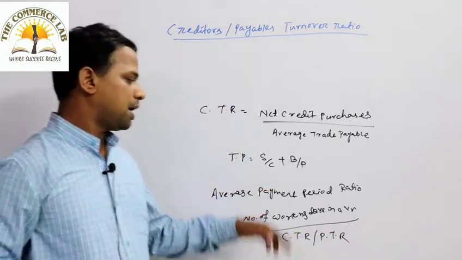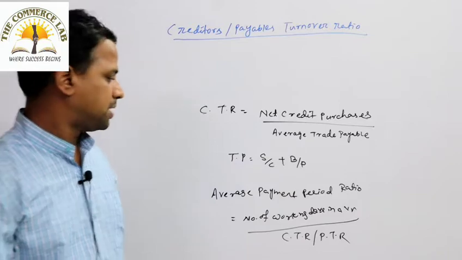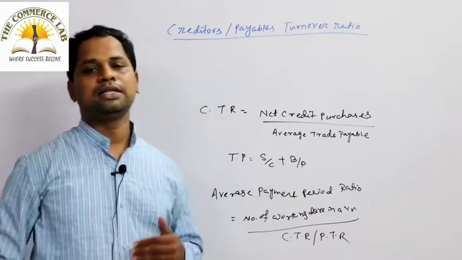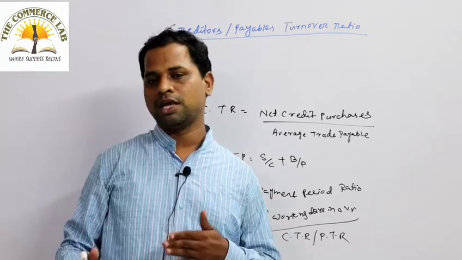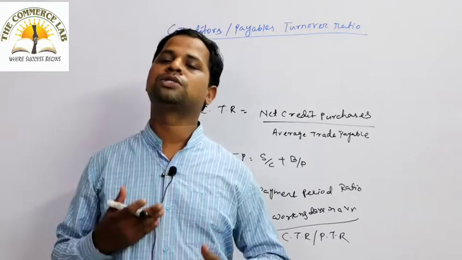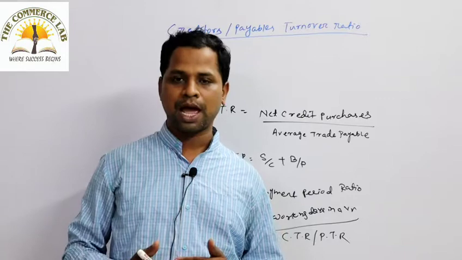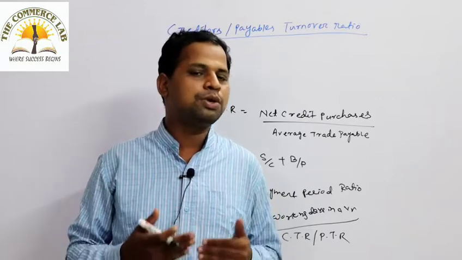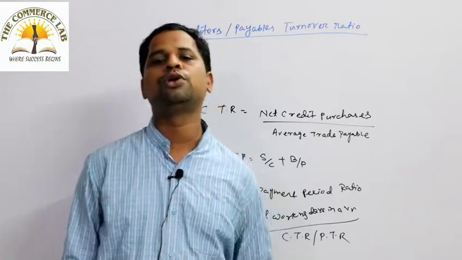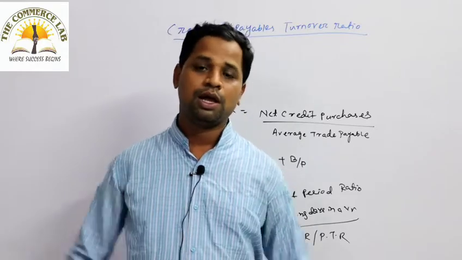So what do you understand by the average payment period? It tells within how many days you are paying your supplier. If you are regularly paying your supplier, that means your liquidity position is quite good.